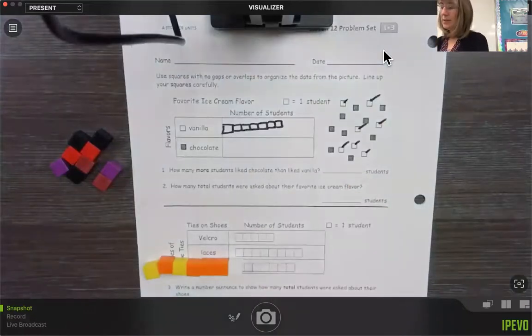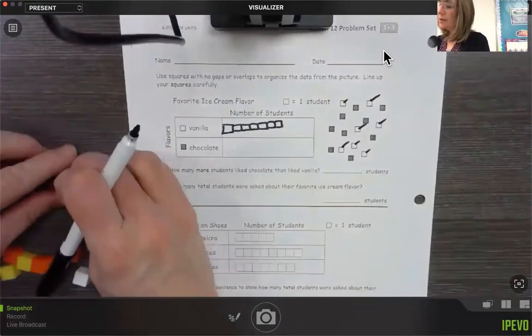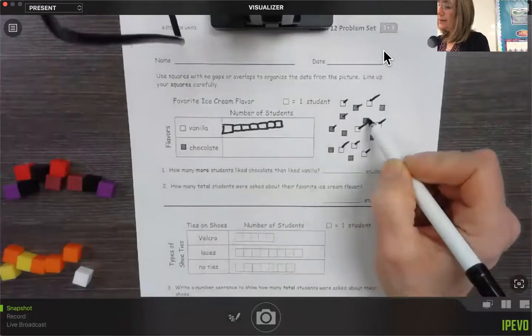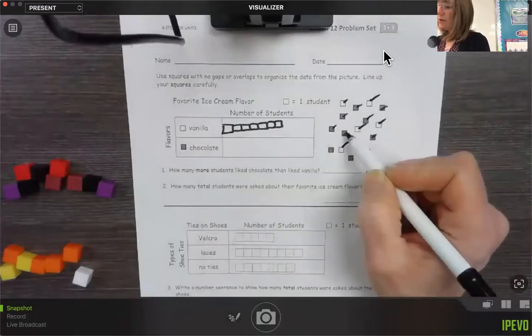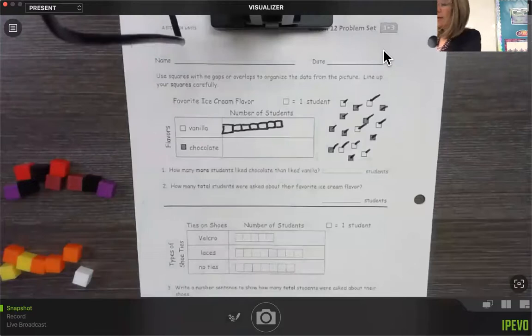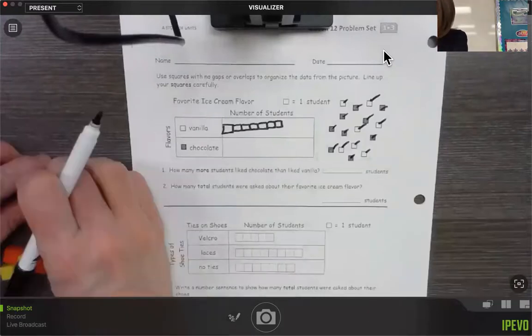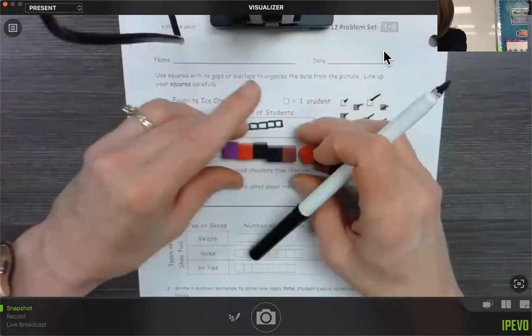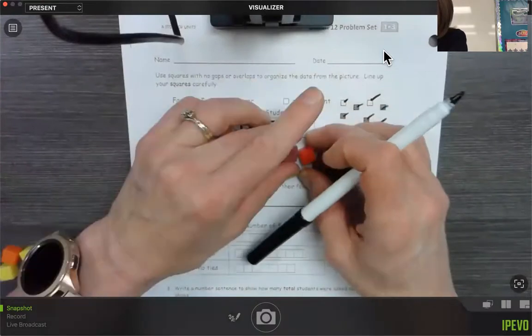That helps us because then on the next one, let's count up how many chocolates. 1, 2, 3, 4, 5, 6, 7, 8, 9. So I got 9 chocolate ones.